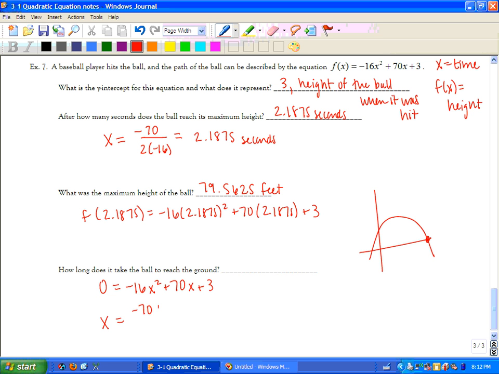So negative b plus or minus the square root of b squared minus 4 times a times c all over 2a. And so of course you're going to get two answers from this. There's also this answer back here, but that's negative time. That doesn't make sense. So the one that works is 4.417 seconds.